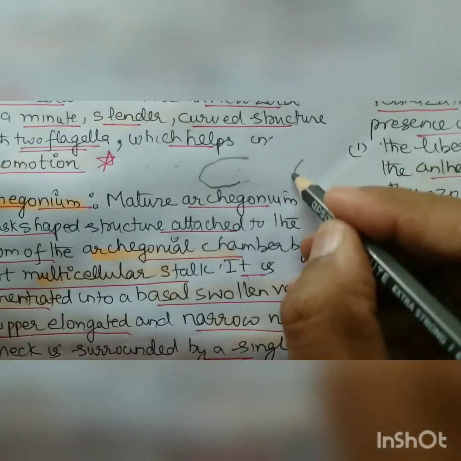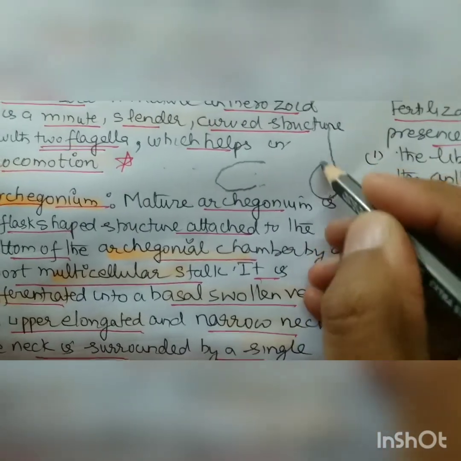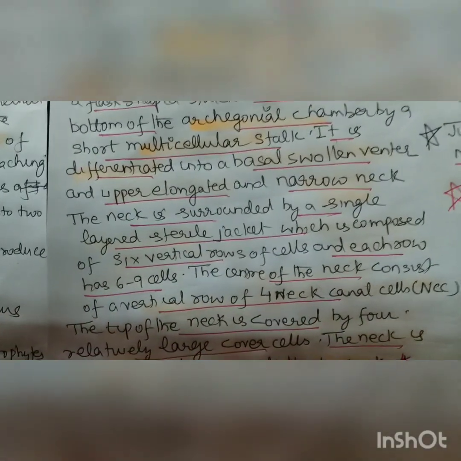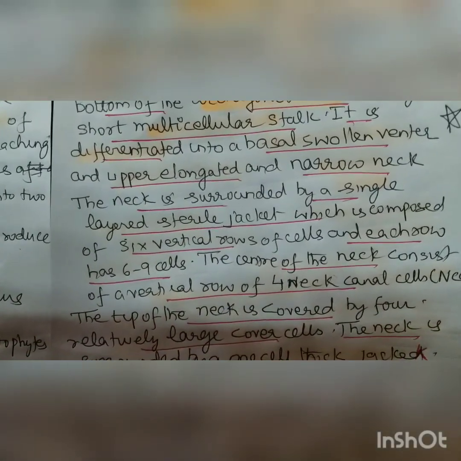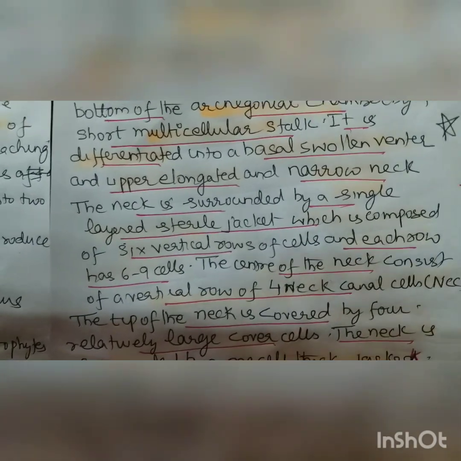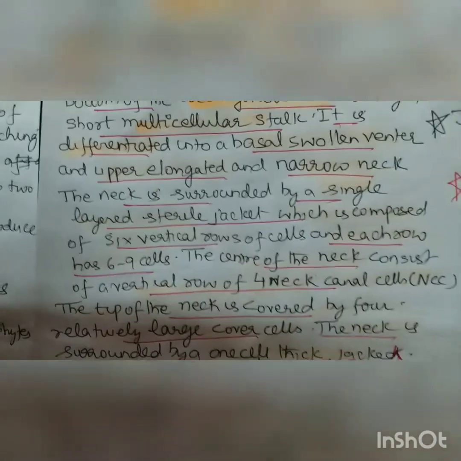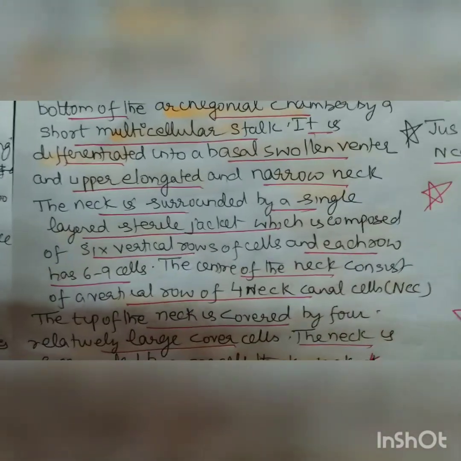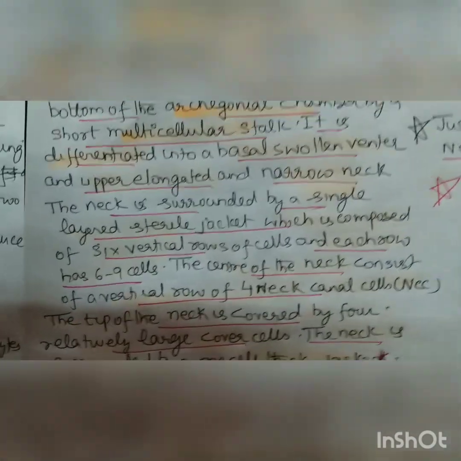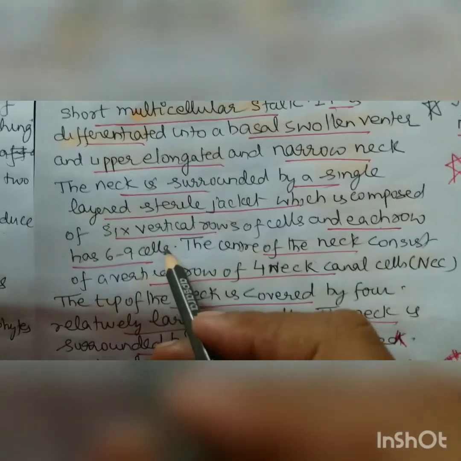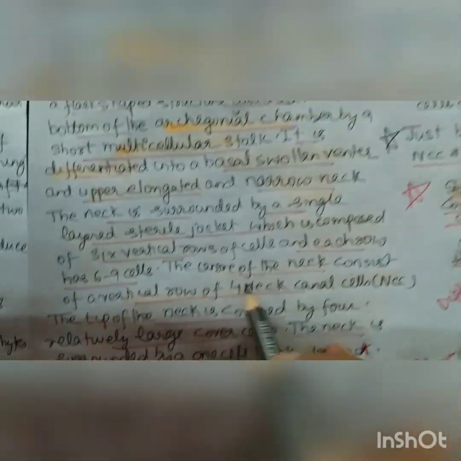You will see the basal swollen part and a trichogyne-like structure, and the neck is surrounded by a single layered jacket composed of 6 vertical rows. So this is very important. Each row has 6 to 9 cells.